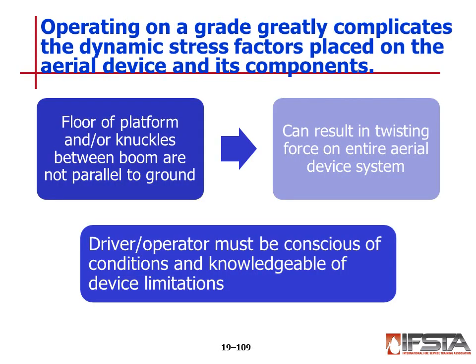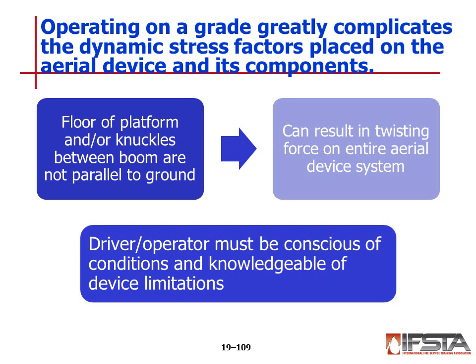Operation of the aerial device when the apparatus is parked on a grade greatly complicates the dynamic stress factors placed upon the aerial device components. Situations in which the floor of the platform and/or the knuckles between the boom sections are not parallel to the ground can result in a twisting force on the entire aerial device system. Aerial devices are not designed to routinely handle this type of force.